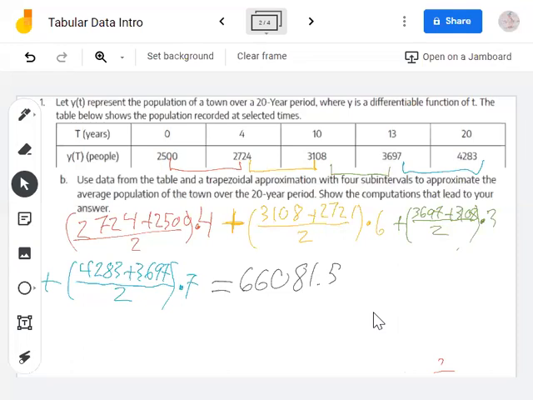If you keep the unit analysis in there, it's people years. But that's a nonsensical unit for most applications, and we don't want that. We want just the amount of people. So if we divide by 20 years, that will give us the average population of the town over the 20 years.